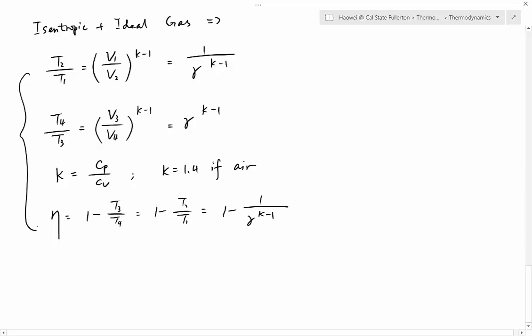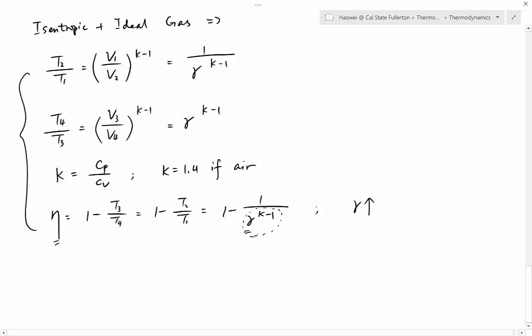Okay, let's take a look. Gamma is our compression ratio. How does gamma affect our efficiency? If gamma goes up, if you have a really high compression ratio gamma, what's going to happen to the denominator? The denominator here will just become bigger.